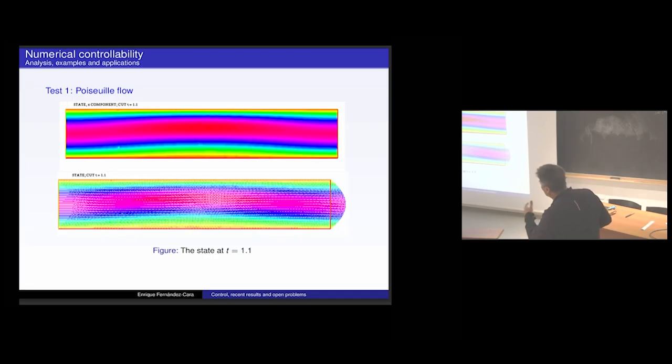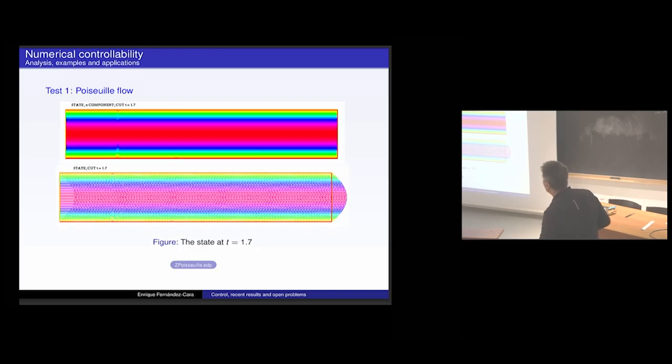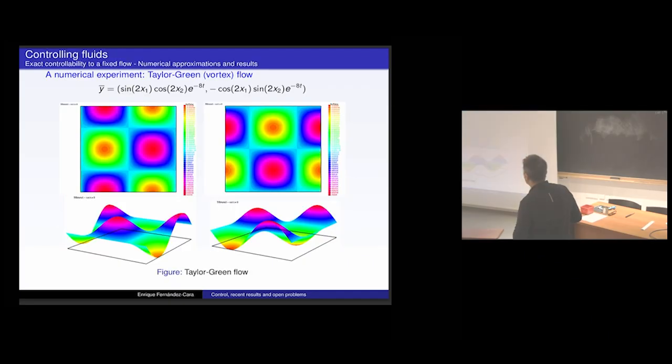This is the state at time approximately equal to 1. It is approaching the Poiseuille flow, and the capital T was equal to 2 in this case. But just before capital T, we are, in practice, very, very close to the Poiseuille flow. So it is possible to control Navier-Stokes exactly in this way.